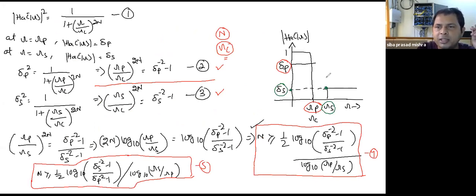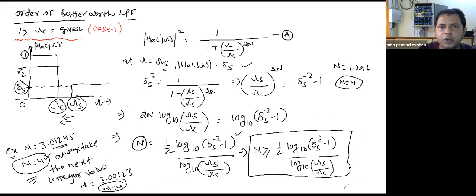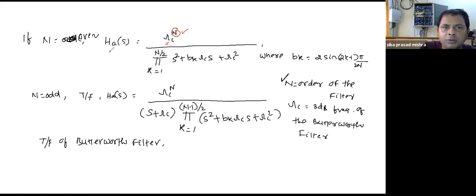If you remember the low pass filter diagram and this simple equation, you can derive it by yourself. It's not difficult, it's very easy. Now omega c value is known to us, n value is known to us, and we have the transfer function formula. Now use this transfer function formula to get the transfer function of a Butterworth filter. Clear?